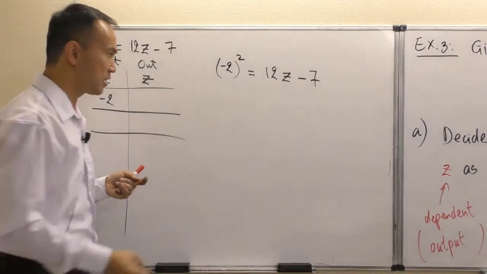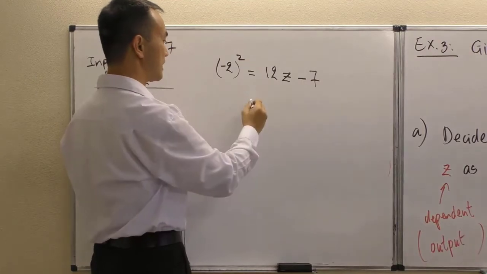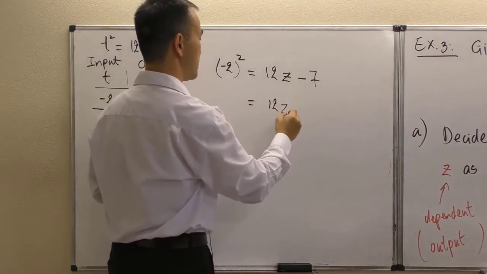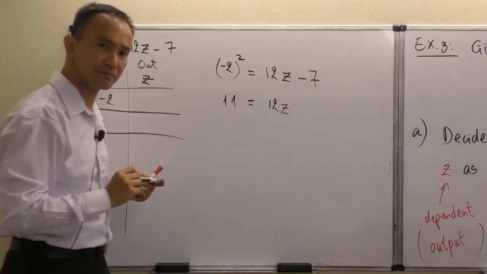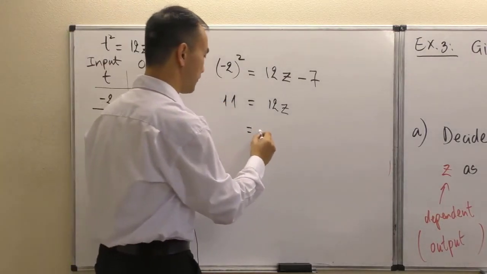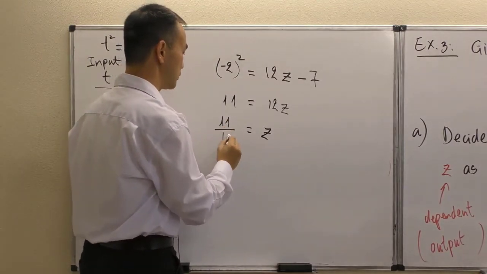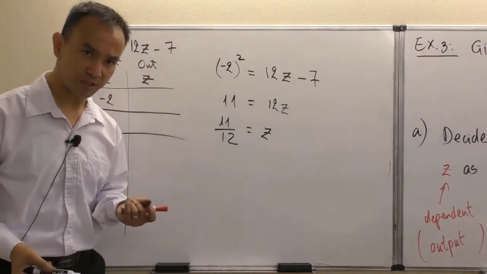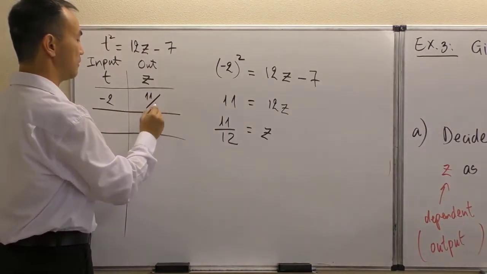By doing that, this is going to be a positive 4, and I'm going to add 7 to the other side, so 12z equals 11. We can solve for z being 11 over 12. So we have an output, 11 over 12.